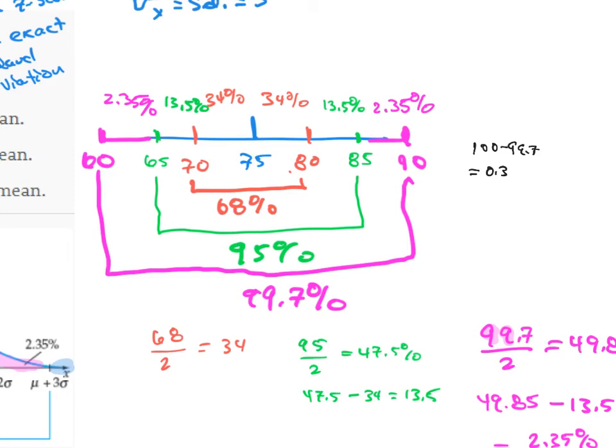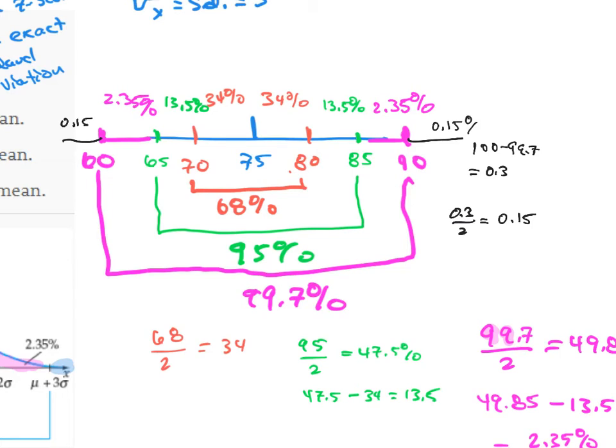But again, we have to have just as much on top as we do on bottom. So what I have to do is take that 0.3 and divide it by 2. If I do 0.3 divided by 2, I end up with 0.15. So what percent lies above 90 would be 0.15%, and what percent lies below 60 would also be 0.15%.